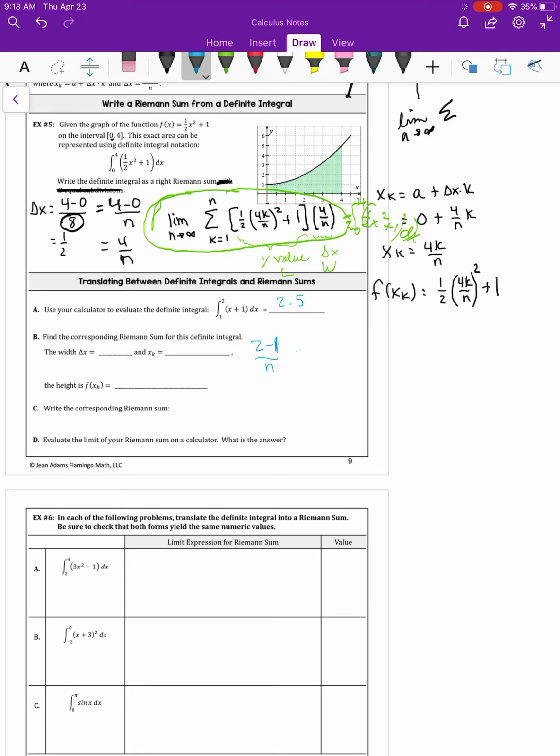So that's going to be 1 over n. And then your x sub k is your a, which is 1, plus your delta x times k. So your x sub k is 1 plus k over n.